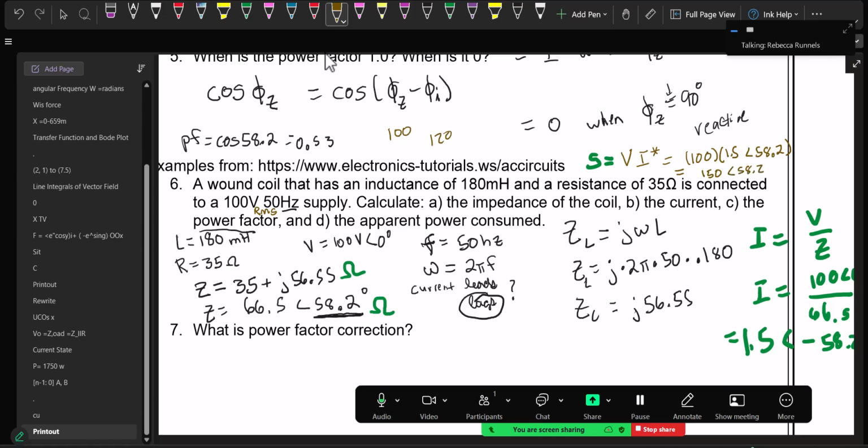But my apparent power is just the magnitude of that, so my apparent power is 150 VA. So, any questions on that? All right.